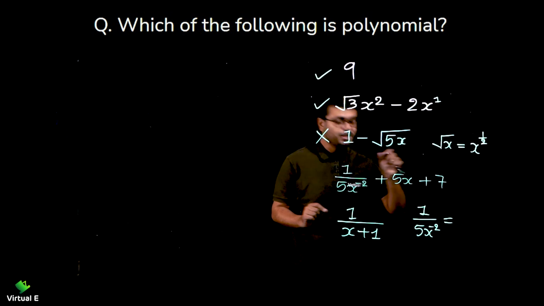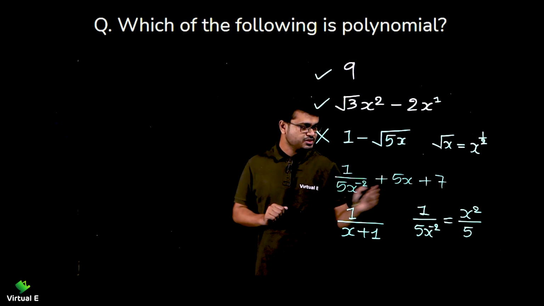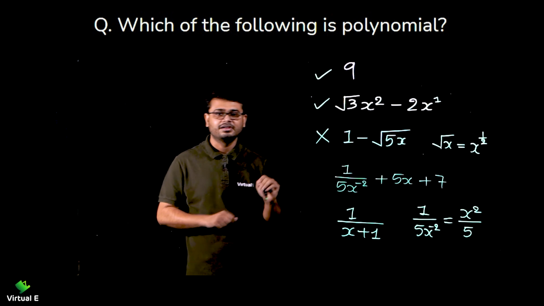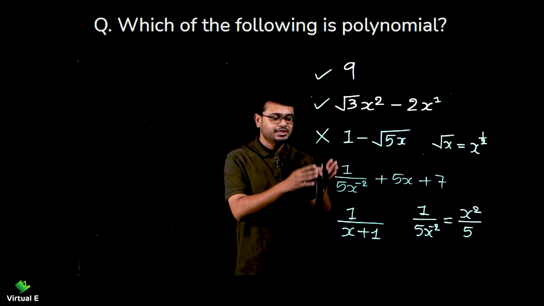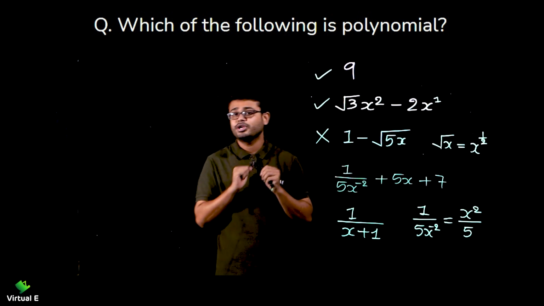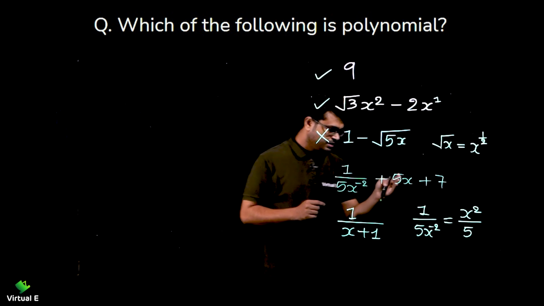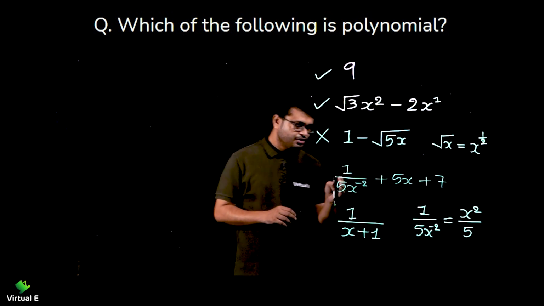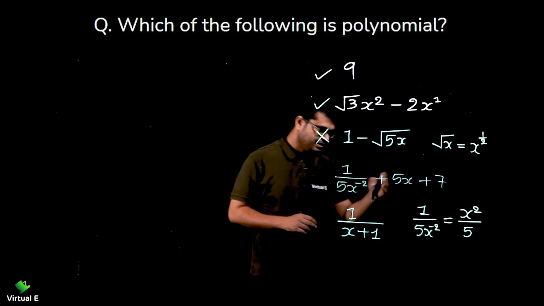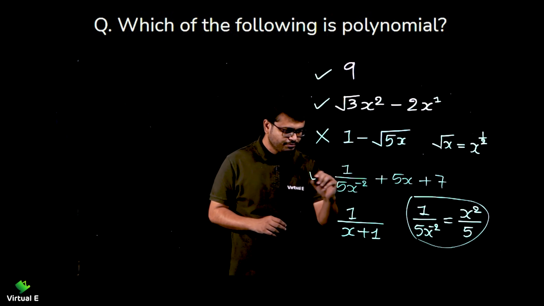This negative will become positive. So x raised to 2 over 5. Now see, this is becoming a positive power, right? So no problem over here. Remember, you need to simplify sometimes as well, to see whether it works out as a polynomial or not. Don't keep it in a straight manner. If you can simplify, try to do that. Now see, for this term there is no problem. 1 is the power. This is a constant. We don't bother about that. So this is x squared by 5, then 5x plus 7, right? So this can be considered a polynomial.